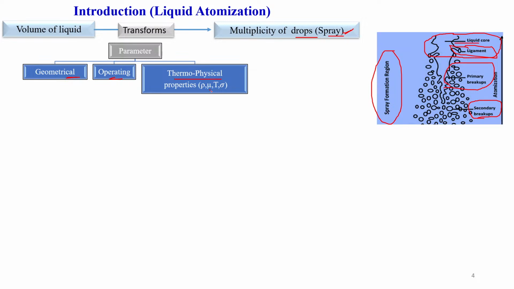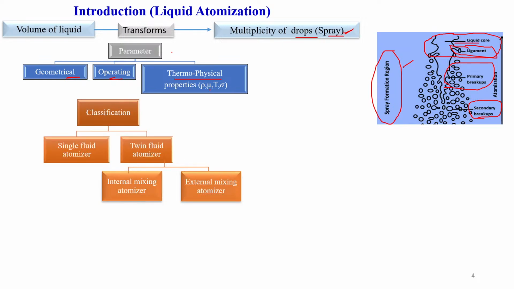So first I explained the atomization process and the important parameters which affect the spray characteristics. Further, here I would like to give the different classifications of the atomizer. In a single fluid atomizer, only liquid is used for the atomization. Another classification is the twin fluid atomizer. Here there are two fluids: one is liquid, another one is gas, media or air.